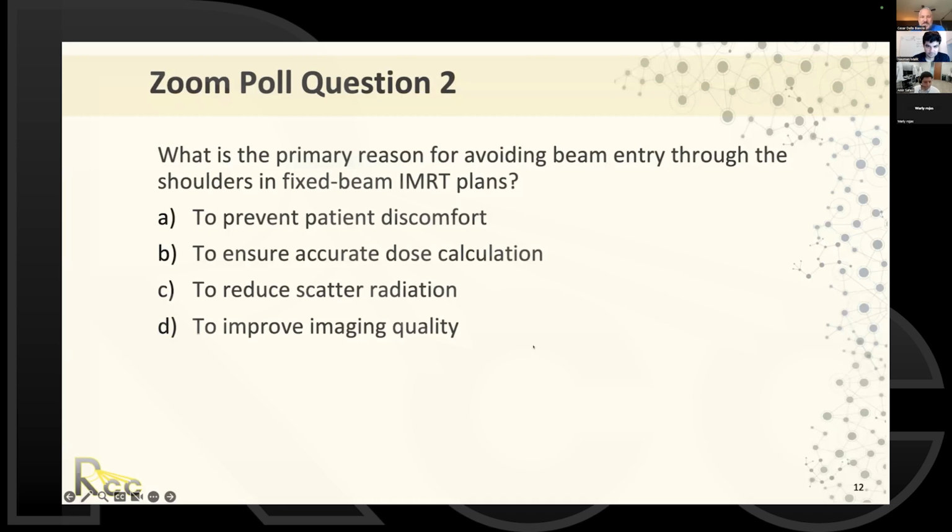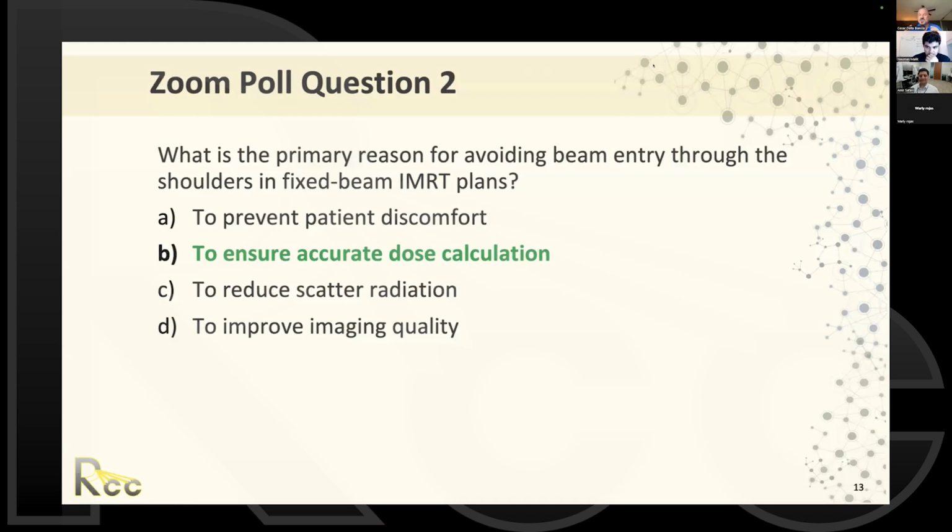Basically 66% of the answers chose answer B, to ensure accurate dose calculation, which is the correct answer. We have some 30% that answered C, to reduce scatter radiation. That is more related to the concept that I was saying about the collimator angle.